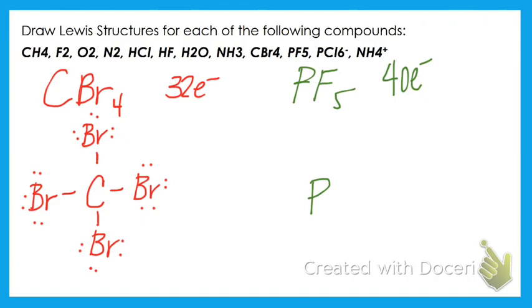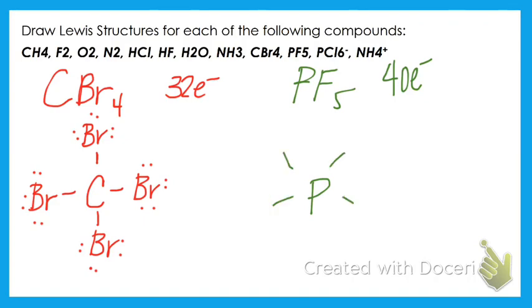What group is phosphorus located in? 15. Except I asked the wrong question. What period is phosphorus located in? 3. And what did we say about period 3 or above? It can expand.